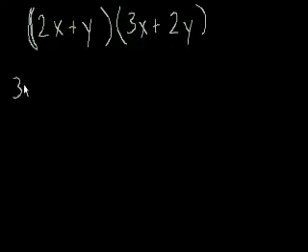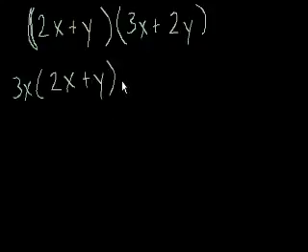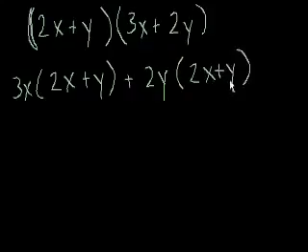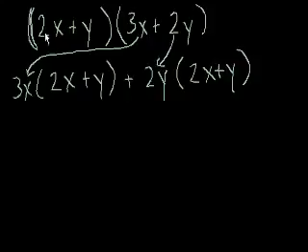We could say this is 3x times 2x plus y plus 2y times 2x plus y. See what I did? I just switched the order this time just to mix things up. This 3x is there, and this 2y is here, and we distributed the 2x plus y along each of these terms. And now we just multiply it out.